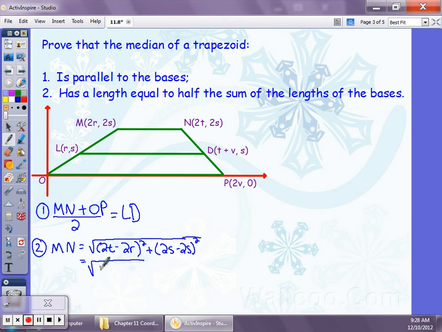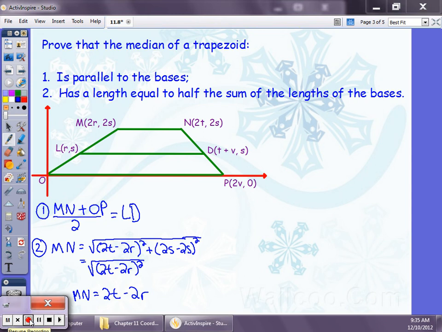We can't simplify, so we're going to say 2T minus 2R squared. And then over here, we're going to have 2S minus 2S, which is 0, and 0 squared is 0. So the distance of MN is 2T minus 2R.